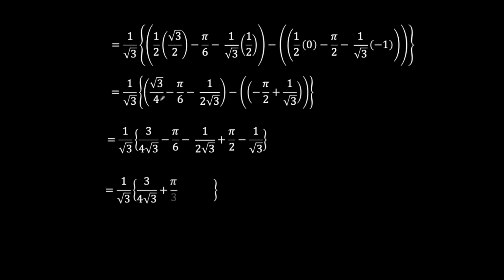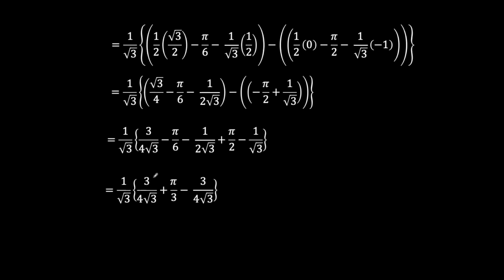So here, multiplying root 3 to the numerator and denominator, we have 3 over 4 root 3 minus pi over 6 minus 1 over 2 root 3, and then minus minus, it becomes pi plus pi over 2 minus 1 over root 3.